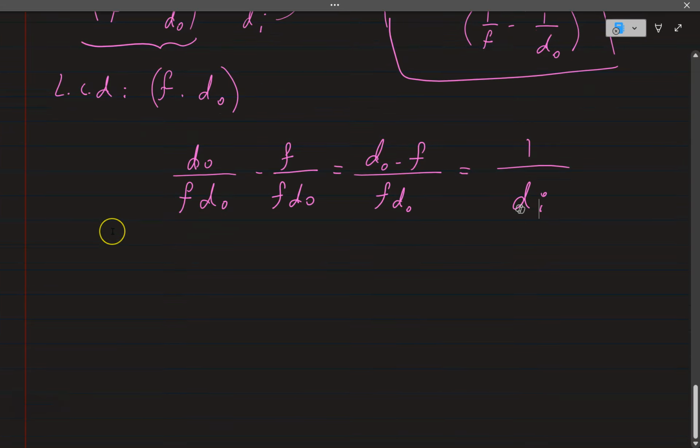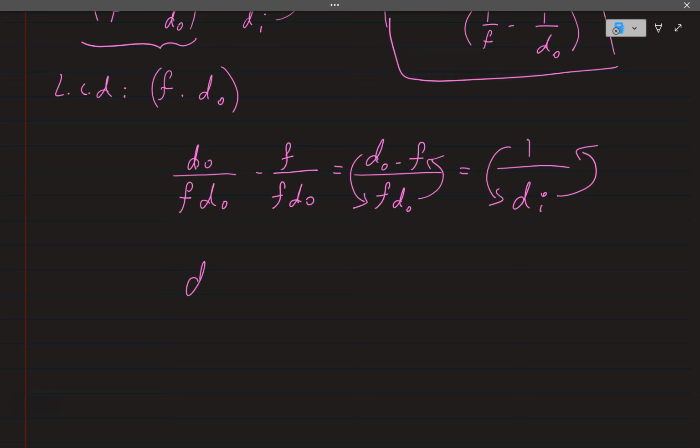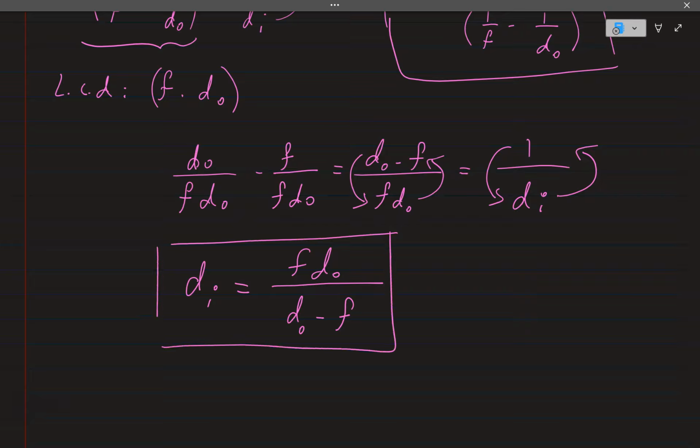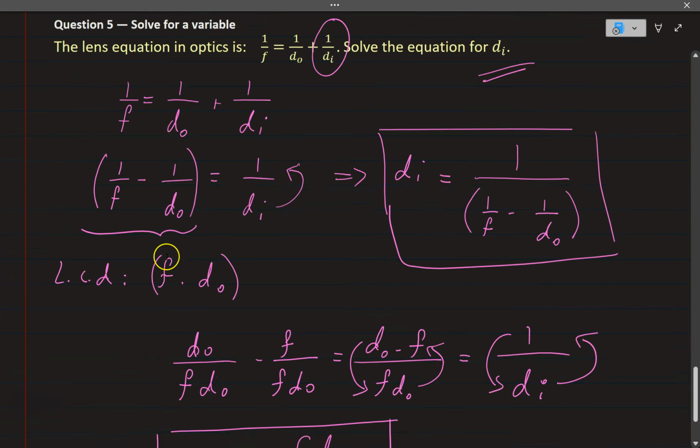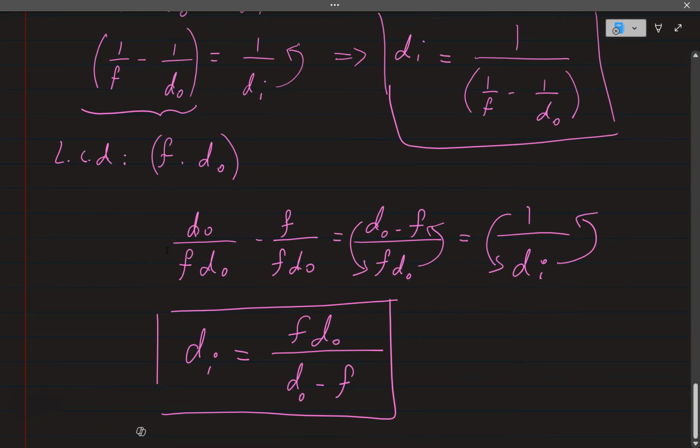Once you do the reciprocal of both, that goes on top, that goes on the bottom, and then you do the same thing to the other side. So di is equal to, and then you flip the fraction, fdo goes on top, and do minus f goes on the bottom. That is the compact form of the di variable in terms of f and do.